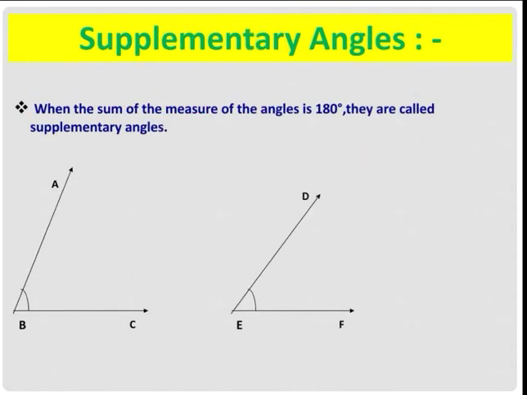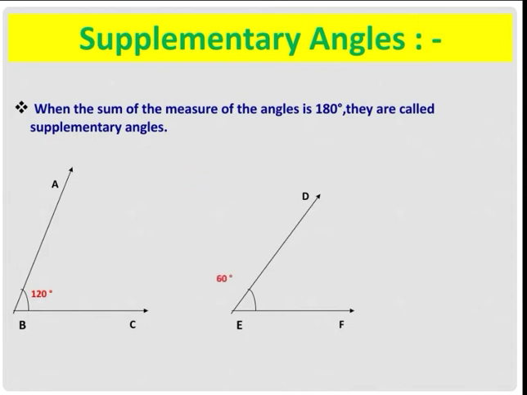Now let us understand supplementary angles. When the sum of the measure of two angles is 180 degrees, they are called supplementary angles. Here two angles are given, angle ABC and angle DEF. The measure of angle ABC is 120 degrees.